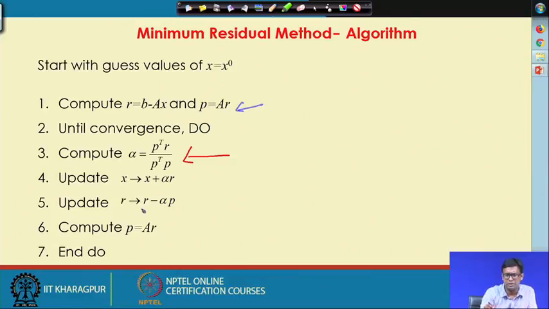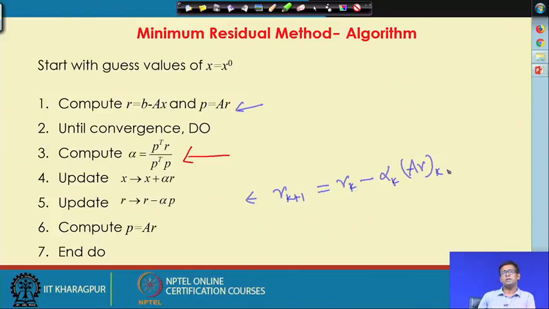This tells us that R k plus 1 is equal to R k minus alpha k A R k. This is the relationship between the residuals, and by this we are also ensured that R k plus 1 is perpendicular to a certain plane.